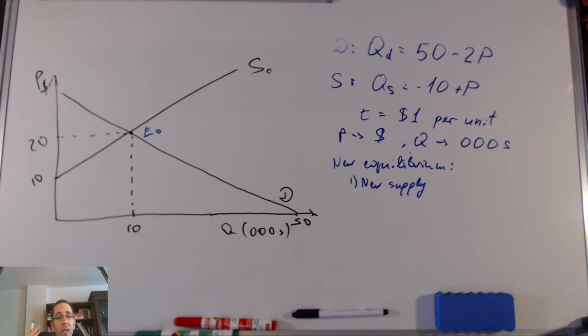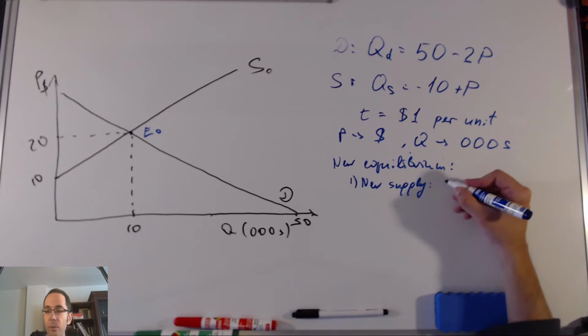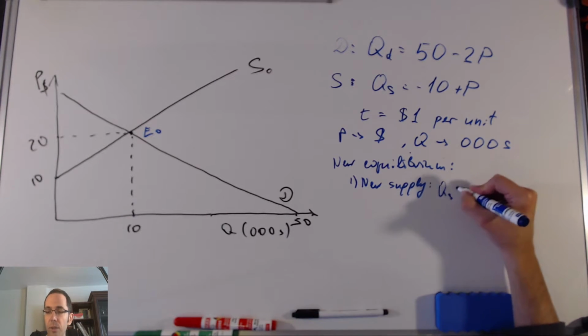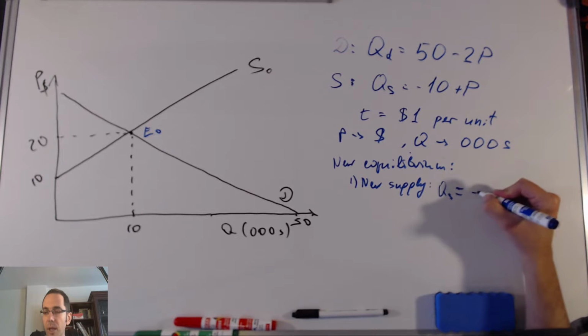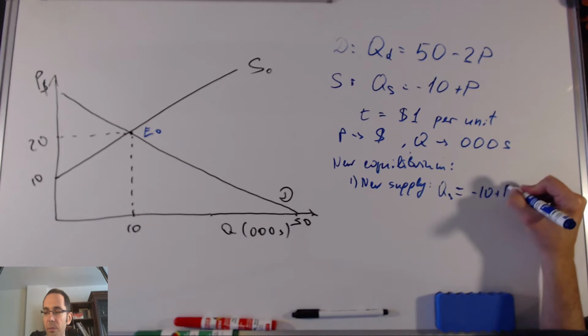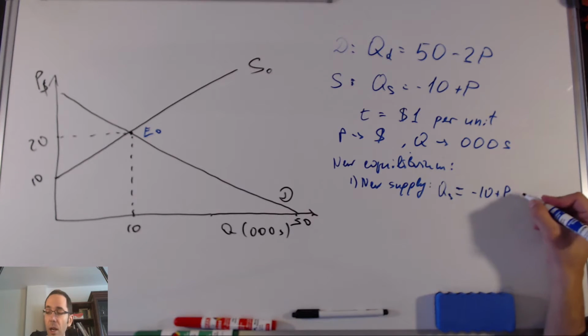Now, the reason why we put the negative sign in front of the tax is because we do want to decrease the supply. The tax will have a negative effect on the supply curve. So the new supply would be QS is equal to minus 10 plus P, and what we'll have to do now is say minus 1.